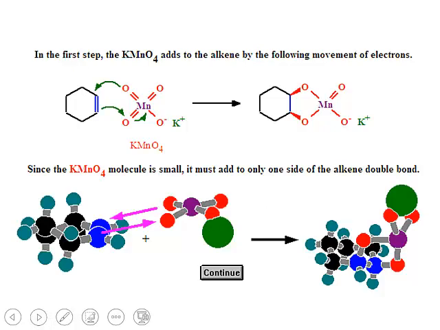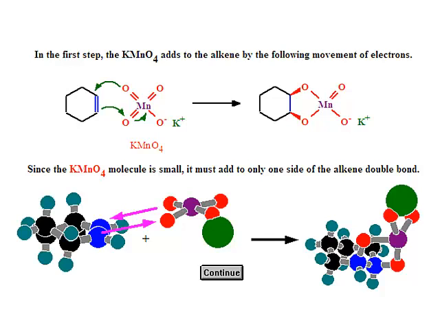The reason that this works, and again, this is not a mechanism you have to memorize, but here's what happens. The arrows move from the double bond to the oxygen, from the double bond into manganese, from the double bond oxygen over here to the carbon, those green arrows, off the permanganate ion.